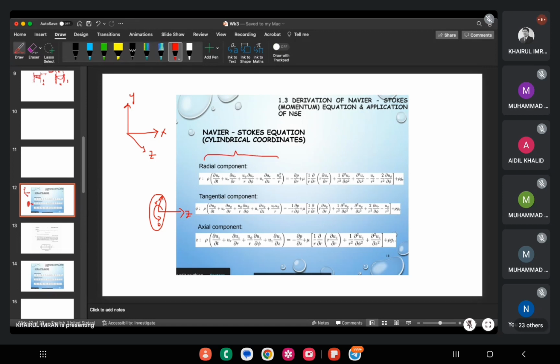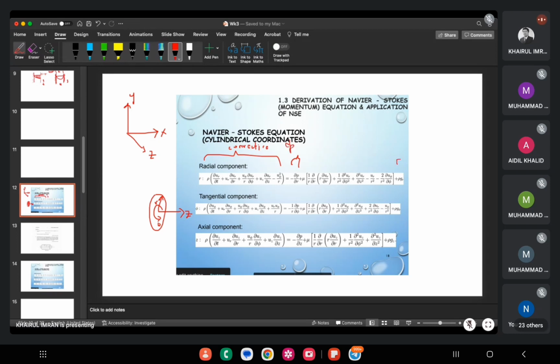So this is for convective part. Alright, convective part. And this one is for, okay, pressure difference.